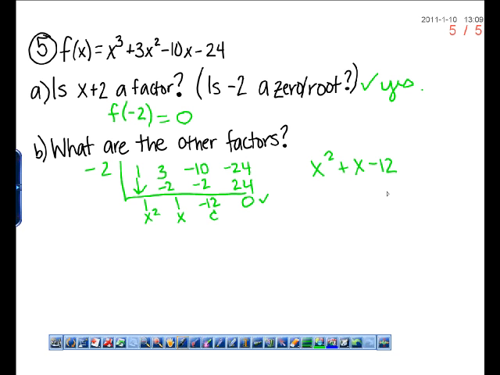And what do we get when we factor that? Yeah, x plus 4, x minus 3. These are the two missing factors. And if I wanted to write it all in factored form, then I would have x plus 2, x plus 4, x minus 3. Okay? And we could keep going, we could use the roots, we could graph it, we could do all that. But we're not going to.